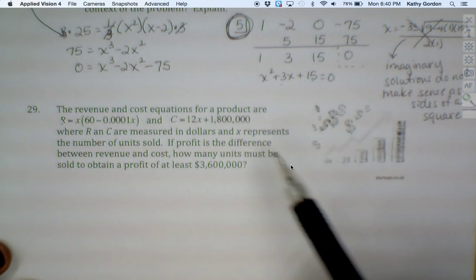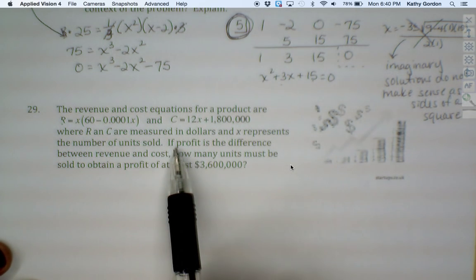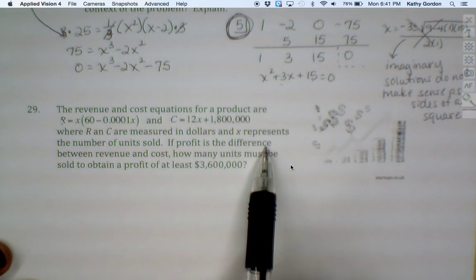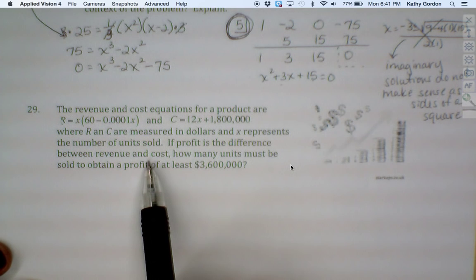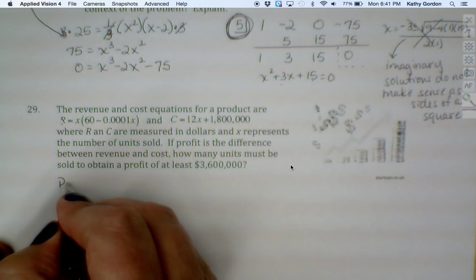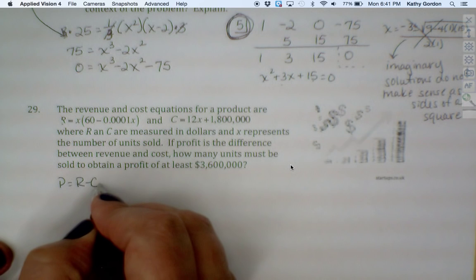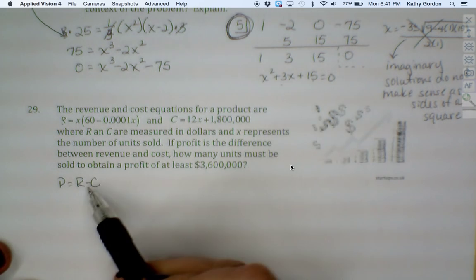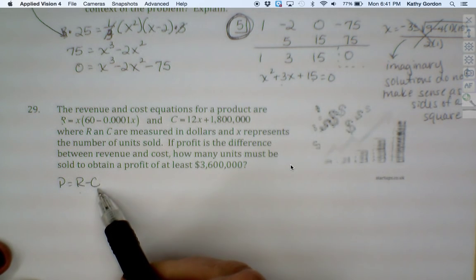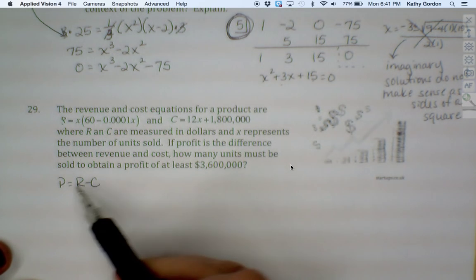Okay? All right, continuing on, it says if profit is the difference between revenue and cost, so profit equals revenue minus cost. You bring in the money, you pay all the expenses, whatever's left over, that's your profit.